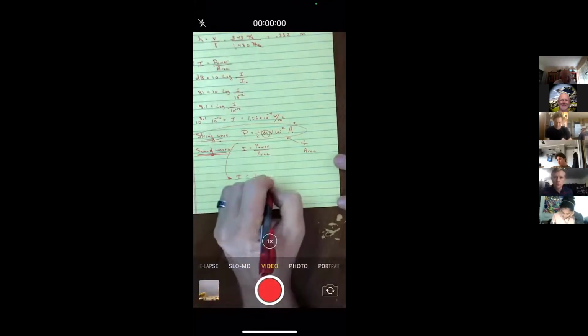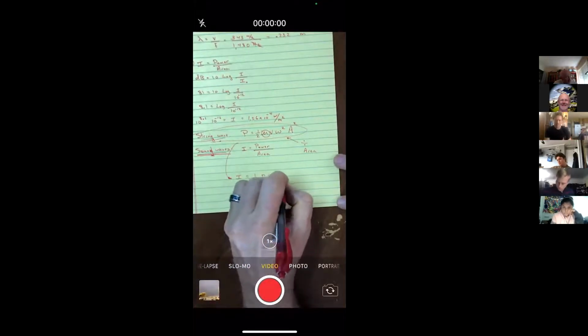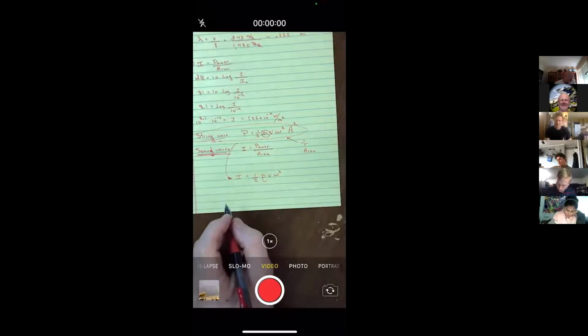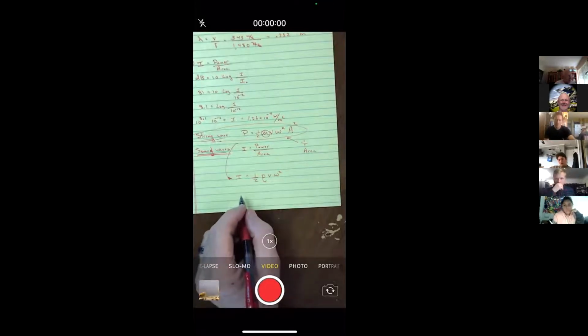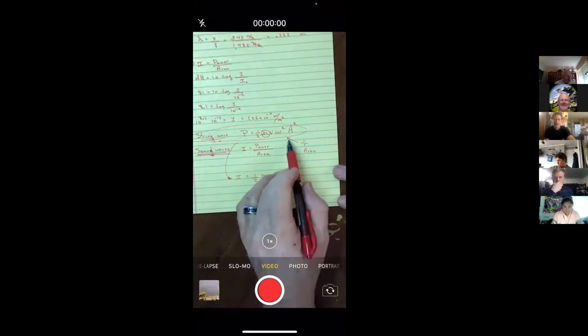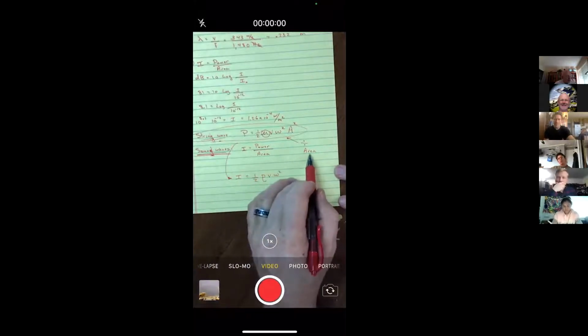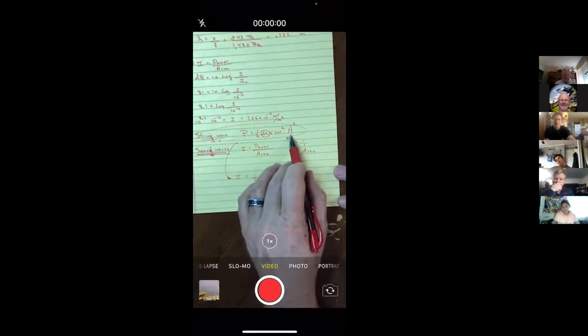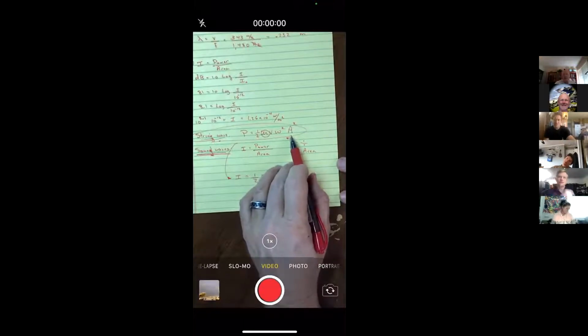But everything else stays the same: velocity, angular frequency. We also like to do one more thing that's worth mentioning. Since we like to use the symbol capital A for area, using it for amplitude is a potential confusing point.